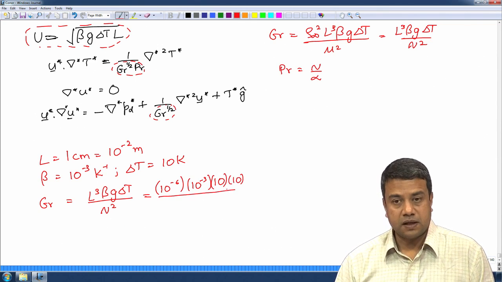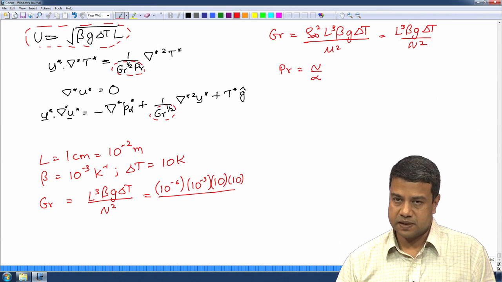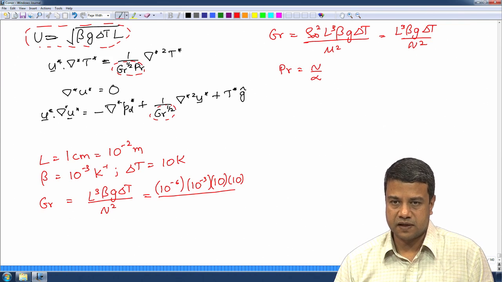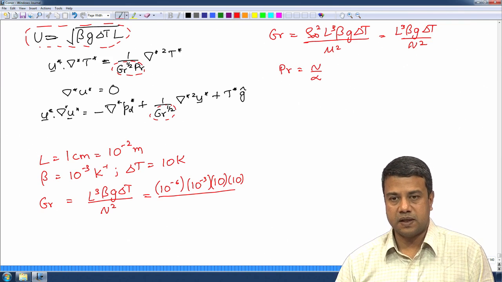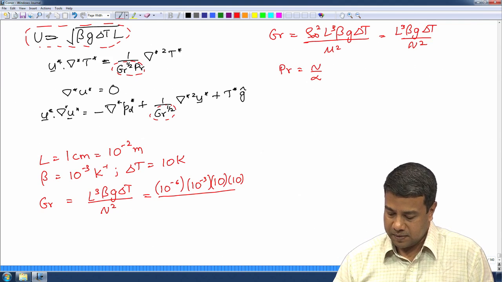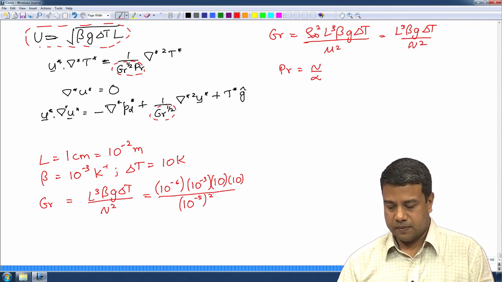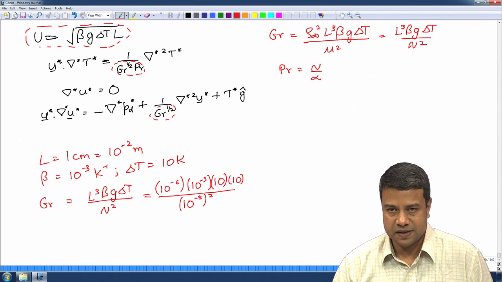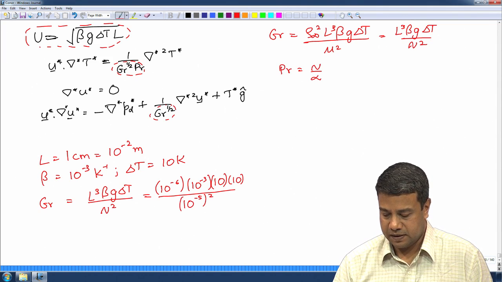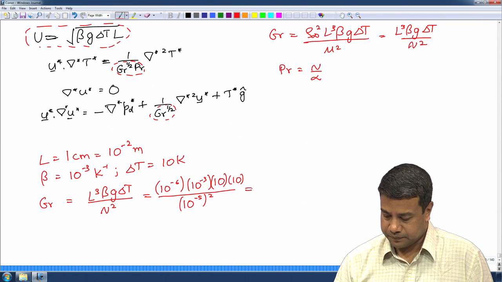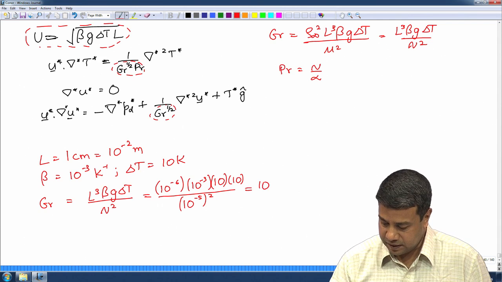The kinematic viscosity for gases, we had seen when we did diffusion, is of the order of 10 power minus 5 meters square per second. So 1 over kinematic viscosity square is 10 power minus 5 the whole square, which is 10 power minus 10. If you write down all of these numbers, you get 10 power 3.